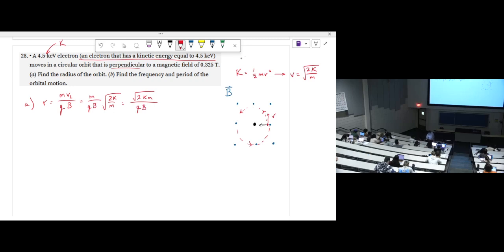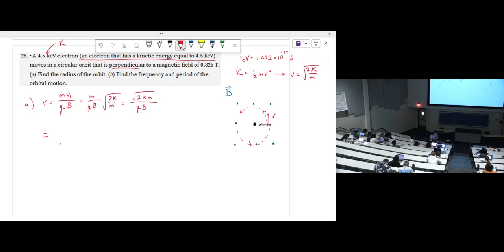Don't forget that 1 eV is equal to 1.602 times 10 to the minus 19 joules, if we want this in standard SI units.